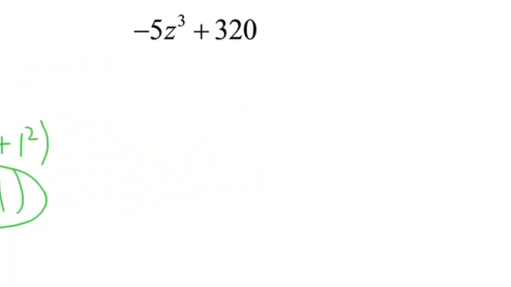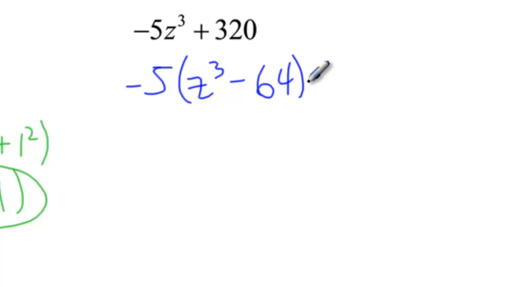This one here, you're like, whoa, 320, negative 5, those aren't cubes. But what's common between negative 5 and 320? Well, negative 5 is. So I take out that negative 5, I get z cubed minus 64, because 320 divided by negative 5 is 64.